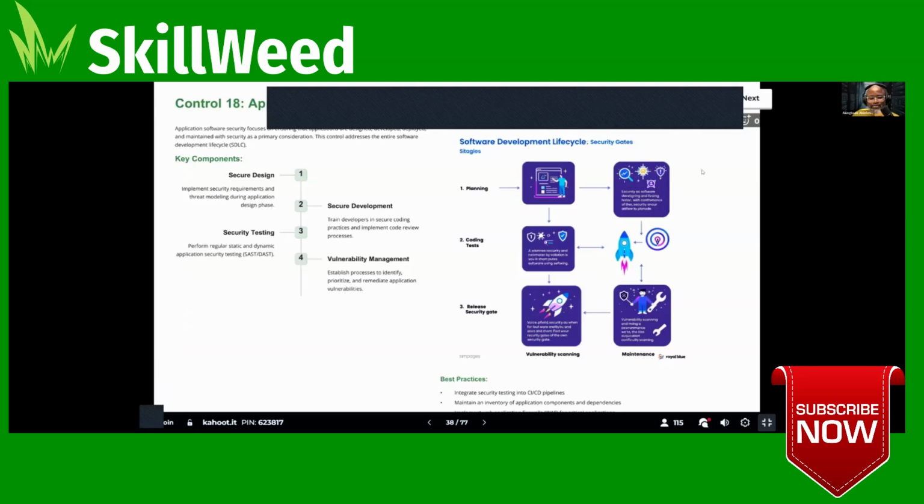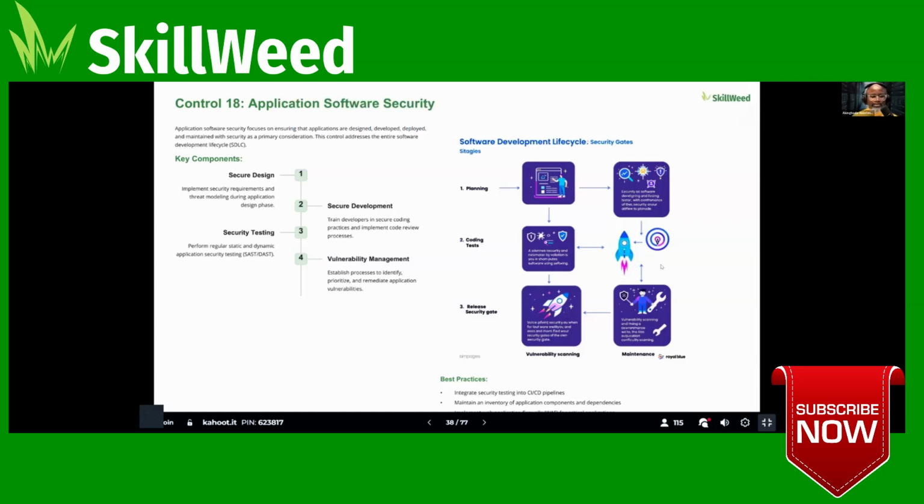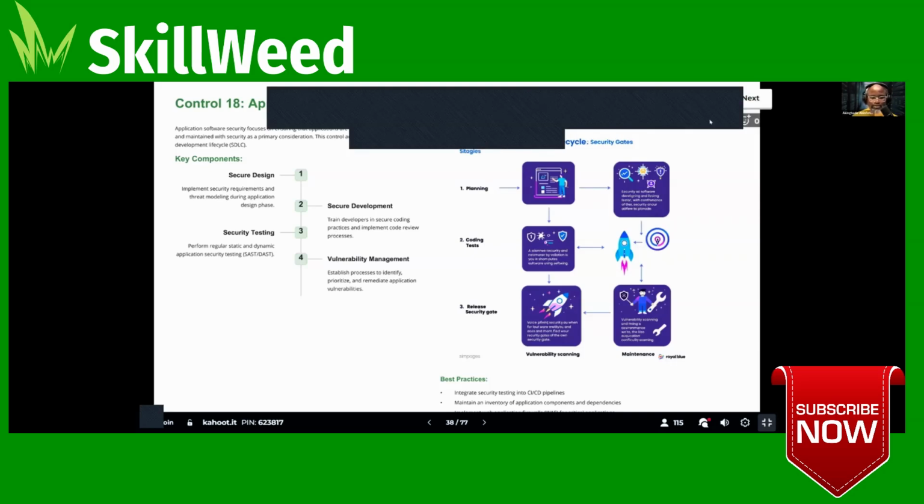18, I think this should be the final one around the controls, application software security. Every one of us uses applications all the time. Your WhatsApp, your Facebook, your Instagram, your Pinterest, everything you use is an application. So it's important to understand what are the security in the design, the software development, the actual testing, and are we constantly checking for vulnerabilities for those applications?